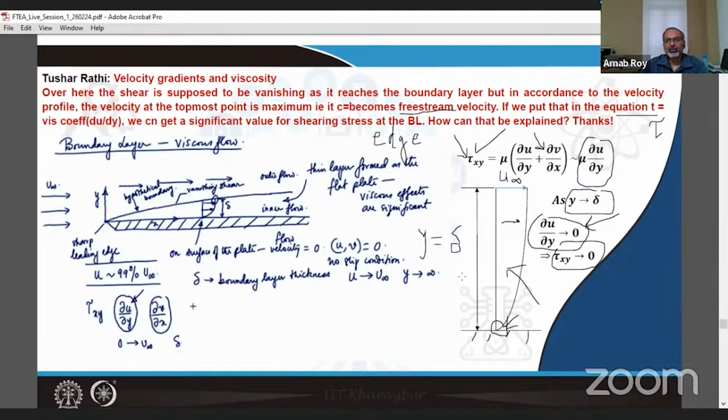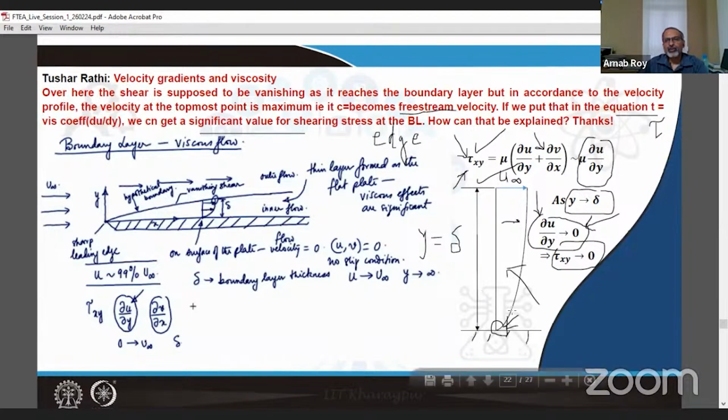And therefore, you need to look at this difference when you try to distinguish. So, as I said, the velocity maximizes, but at the same time, the velocity gradient becomes minimum. And therefore, the shear stress also becomes minimum in the sense that it tends to 0.